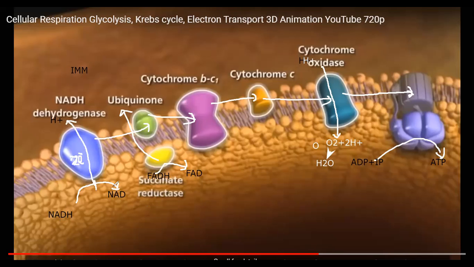During this reduction process, H plus ions were released into the IMM, the inner mitochondrial membrane. Then the electrons collected by cytochrome BC1 were again received by the carrier, cytochrome C, which gives them to the cytochrome C oxidase enzyme complex, the fourth one of this ETC, right?